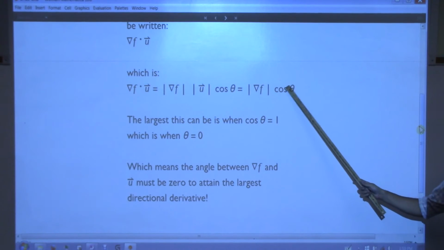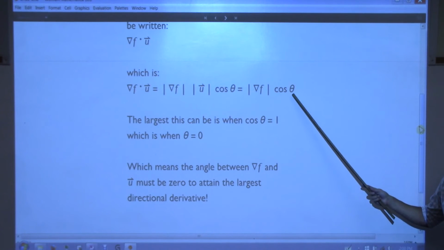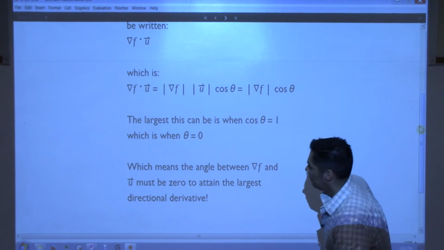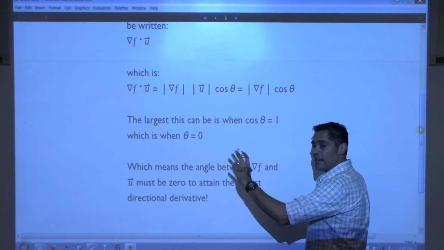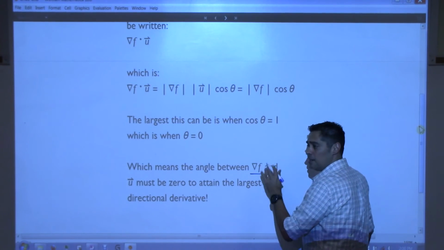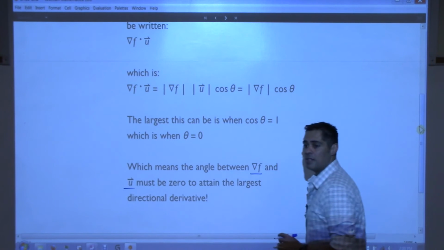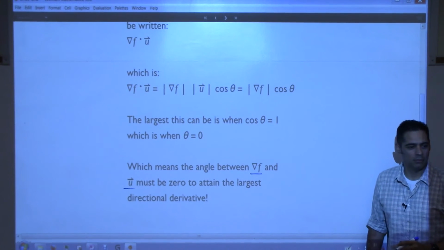And the way that you get cosine to be 1 is by letting the angle be 0. That means that to get the biggest possible directional derivative, the angle between your gradient vector and the direction that you're pointing must be 0.